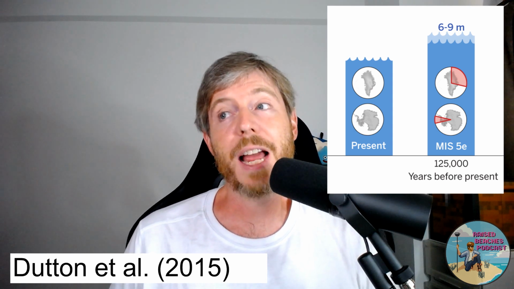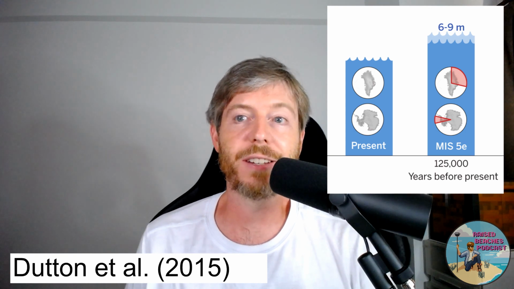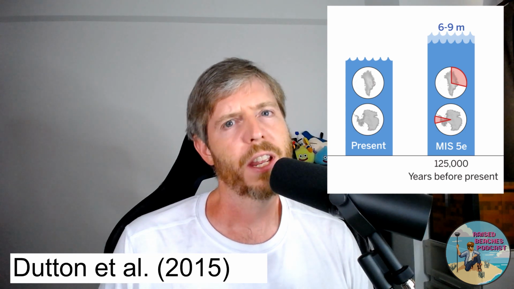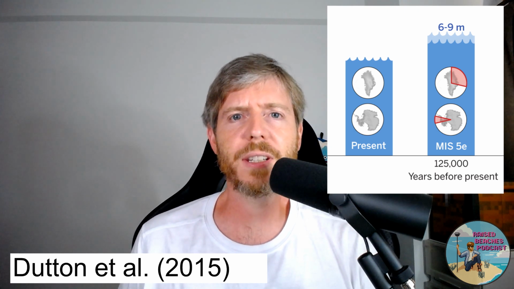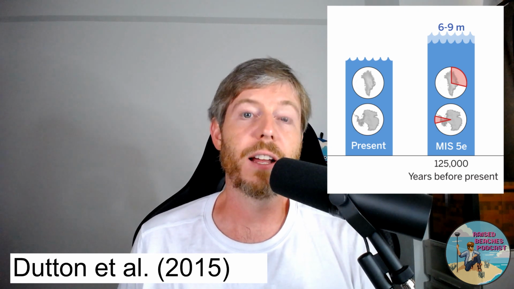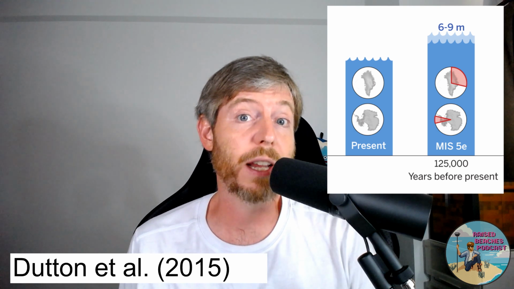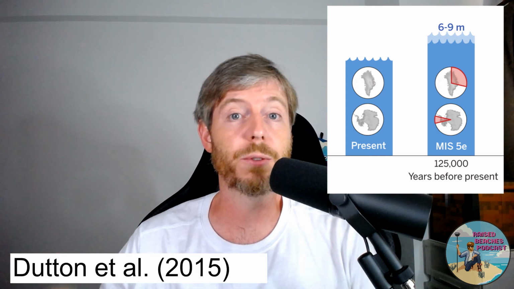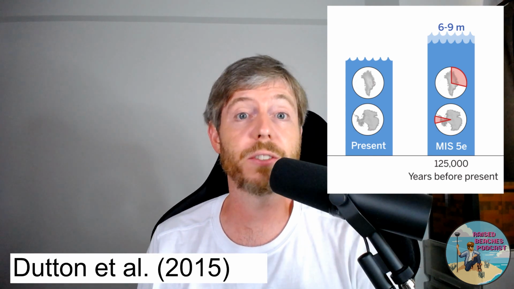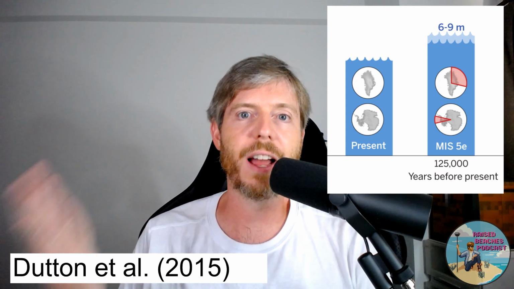The last time that happened was in a period known as the last interglacial, which was about 125,000 years ago or so. At that time, global average sea level was definitely higher than present, because all over the world you find raised beaches and other similar indicators of past high sea level.